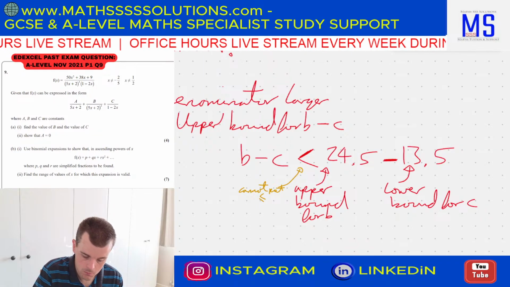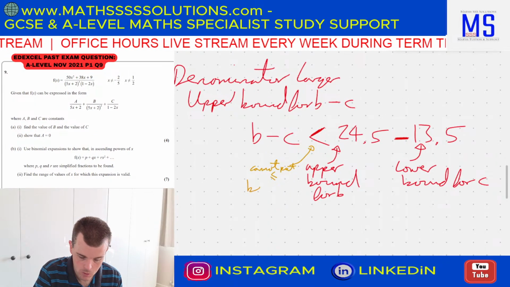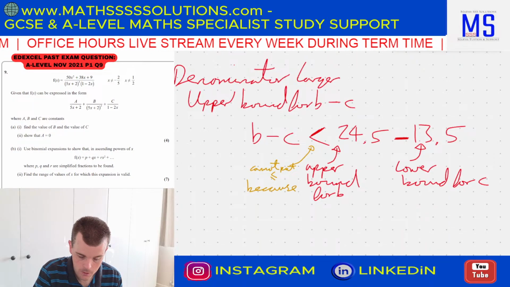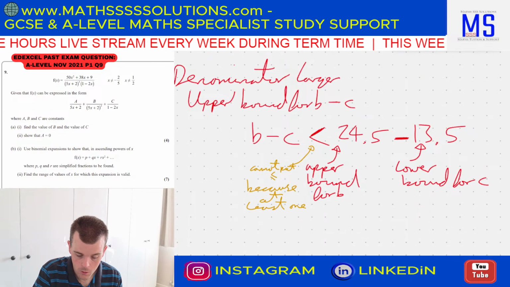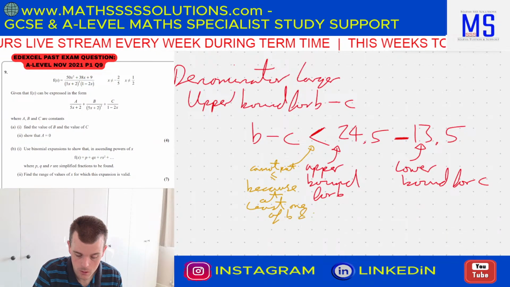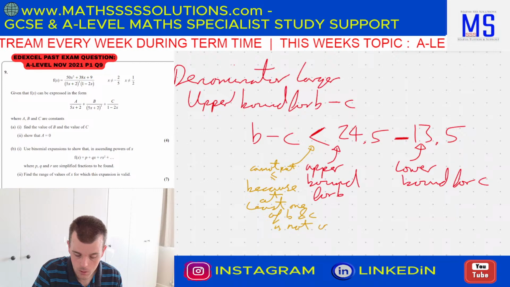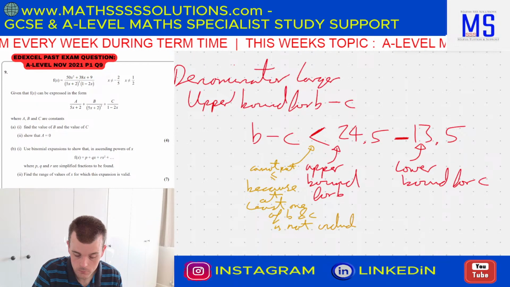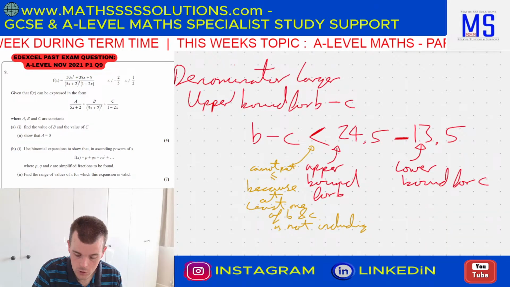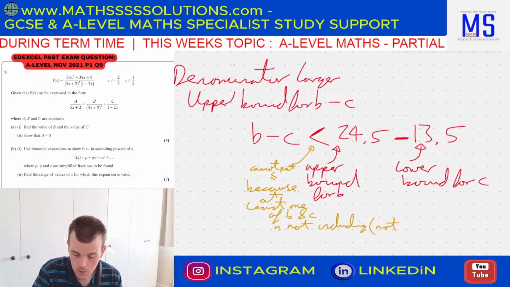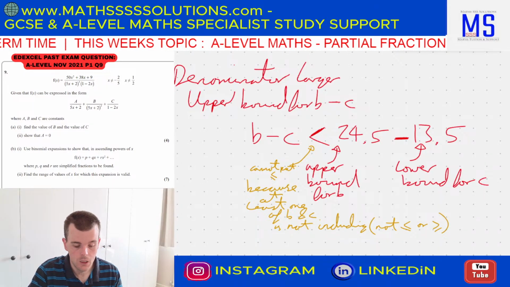Okay, because I'll just put that here, at least one of b and c is not included, so it's not less than or equal or greater than or equal.